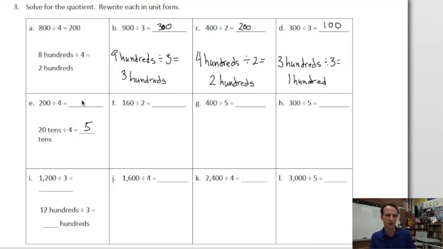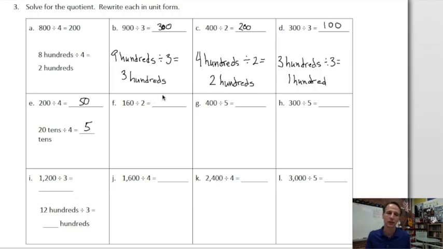How would I write that in standard form? 200 divided by 4 is 5 tens, which is 50. And now check to make sure your answer makes sense. Let's say somebody says, oh, no, this is unfair. Well, let's check. I started with 200, and the 4 of you got 50 each. 50, 100, 150, 200. Everything's accounted for.